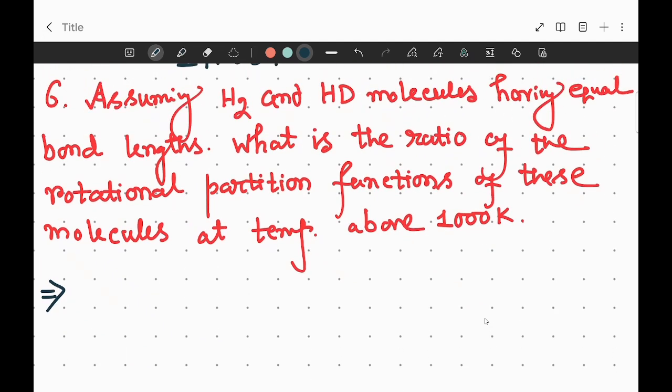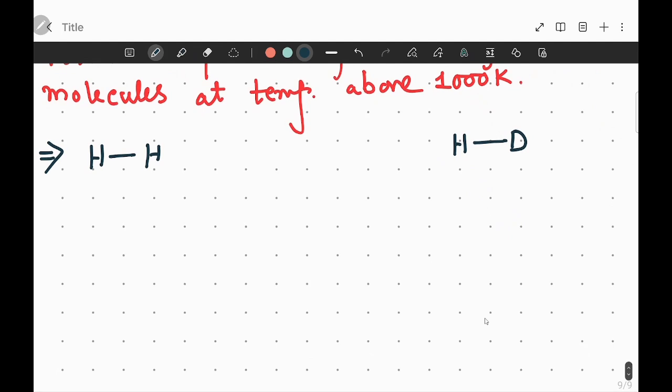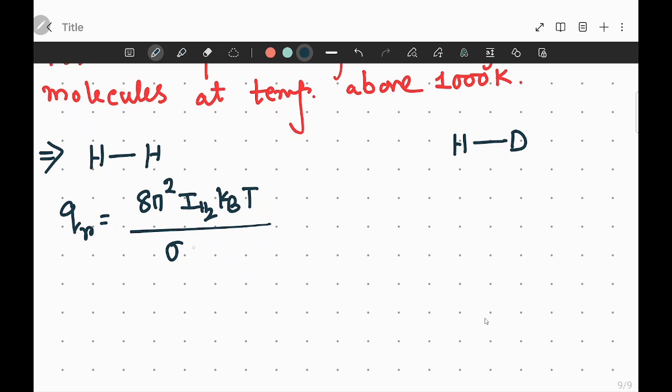So H2 and HD both have the same bond length. Let us consider. So here the rotational partition function QR for H2 will be 8 pi square I H2 kBT divided by sigma h square, and sigma will be 2. This is for H2.